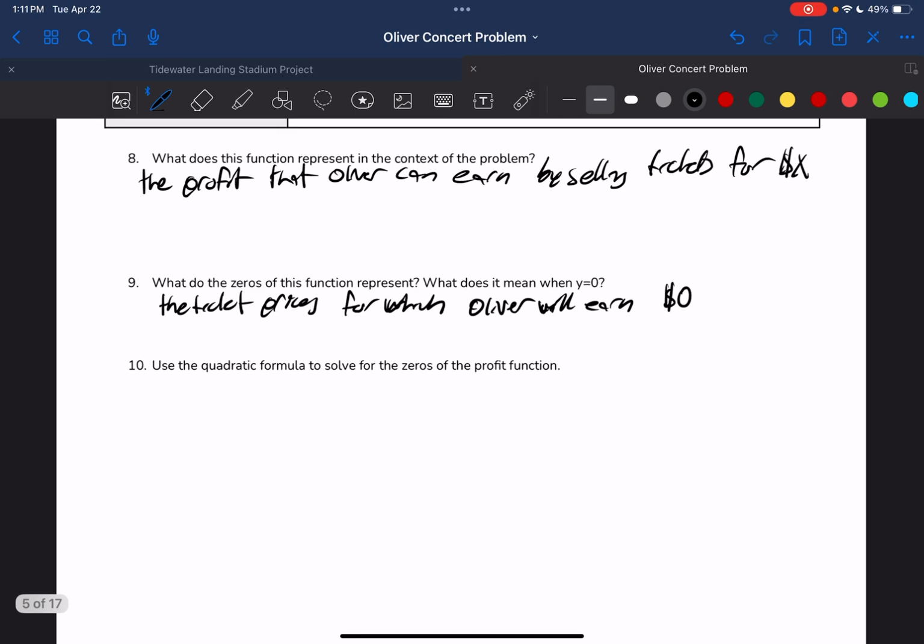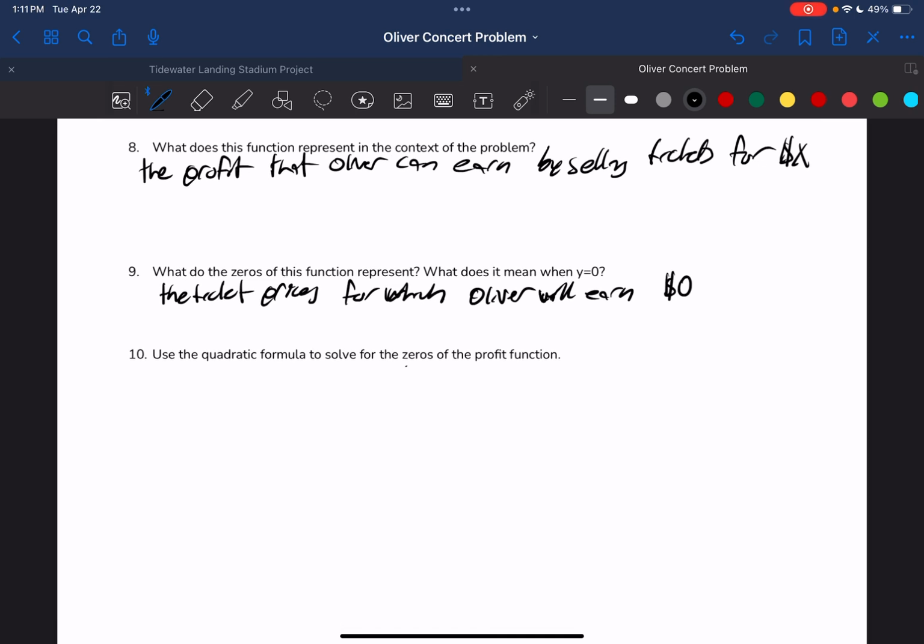So if we're looking for the zeros, we're looking for the ticket prices where Oliver will earn $0.